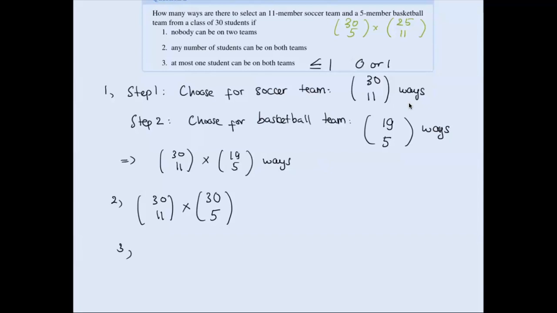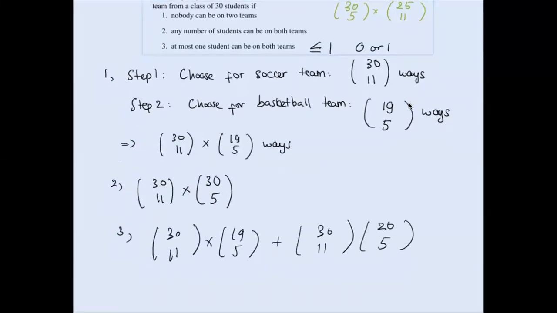I see a student answer here, which is 30 choose 11 and 19 choose 5, plus 30 choose 11 and 20 choose 5. Yep. Let's see. The first case here represents nobody on 2 teams.